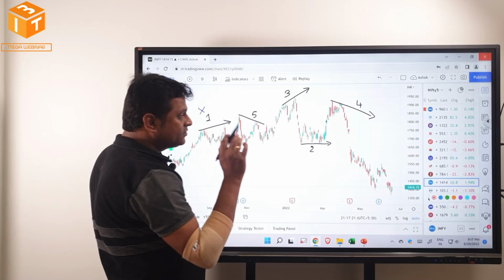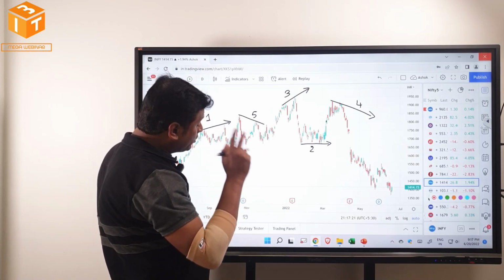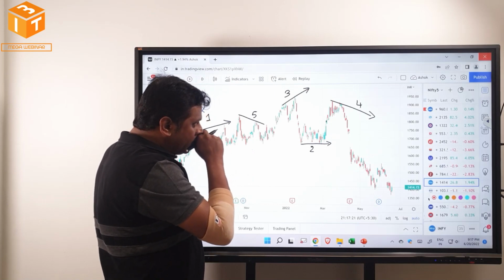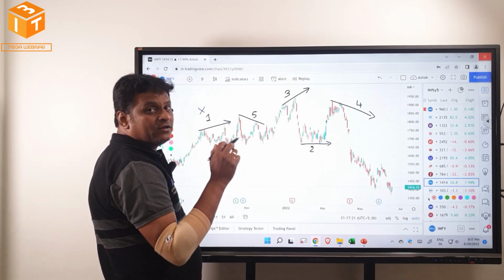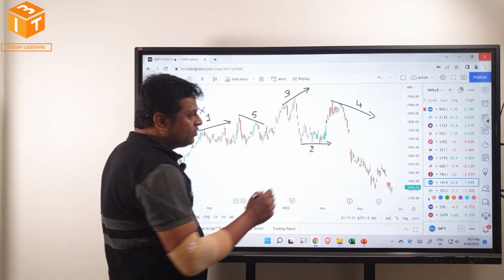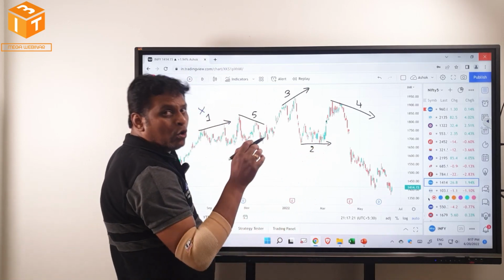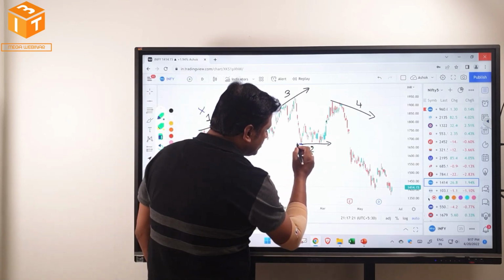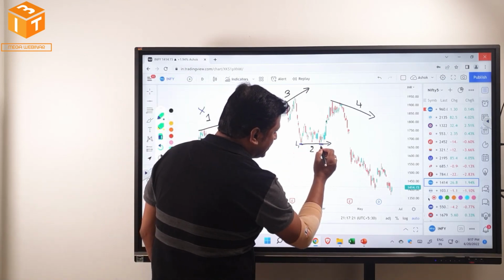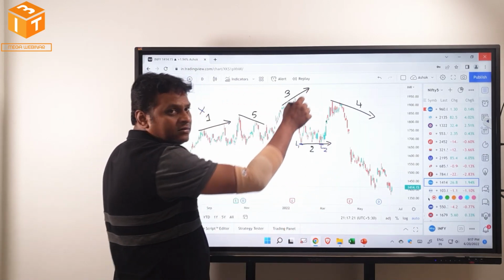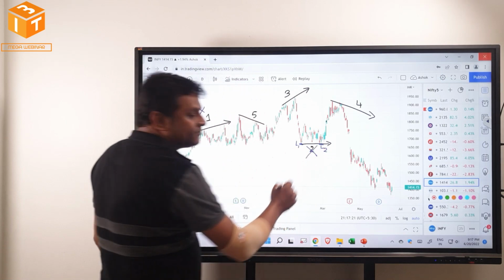To draw a downtrend line, you need 2 peaks. To draw an uptrend line, you need two valleys. So two valleys are there, but your valley 2 low should be greater than valley 1 low, which means this L1 and this L2. Your L2 is lower, it should be upper. So this is also a wrong trade.